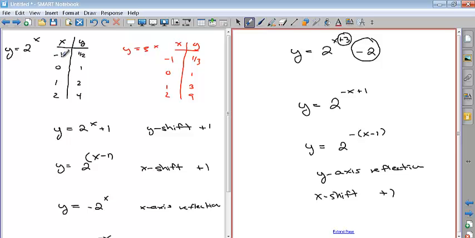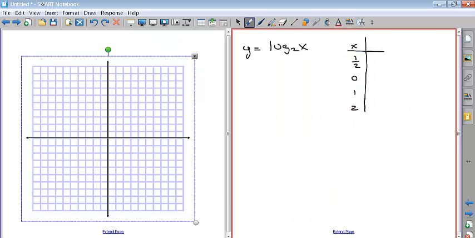Here I did -1, 0, 1, 2. 1/2, 1, 2, 4 actually is what I would choose, because I can't let x equal 0. So it's kind of the opposite. So I'd have 1/2, 1, 2, and 4. And the corresponding y values would be -1, 0, 1, and 2.